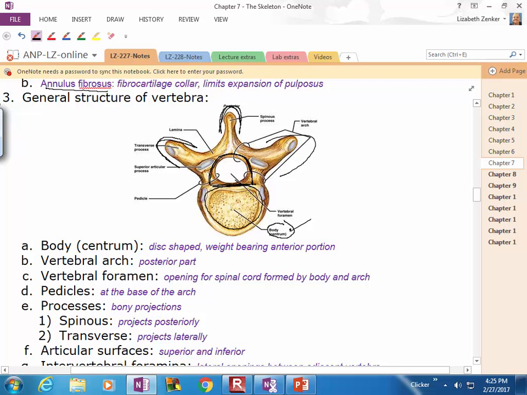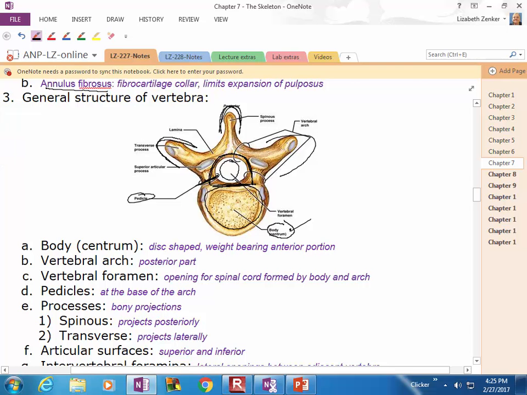And together they form this hole, which is called the vertebral foramen, okay? We also have the pedicle, which I think of as like a pedestal, so it kind of gives it support, okay?